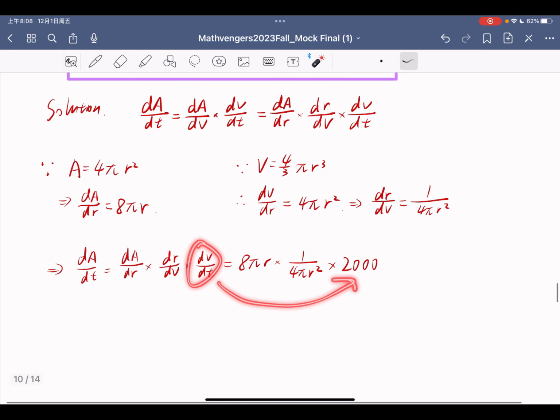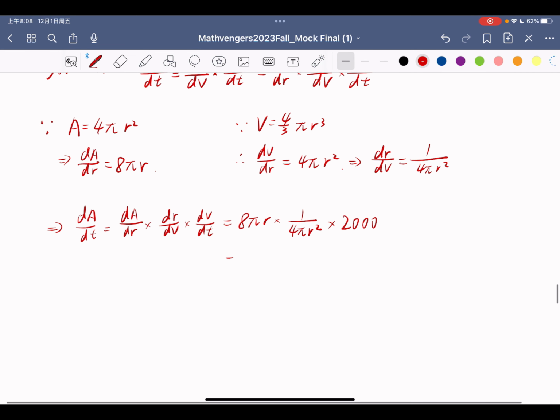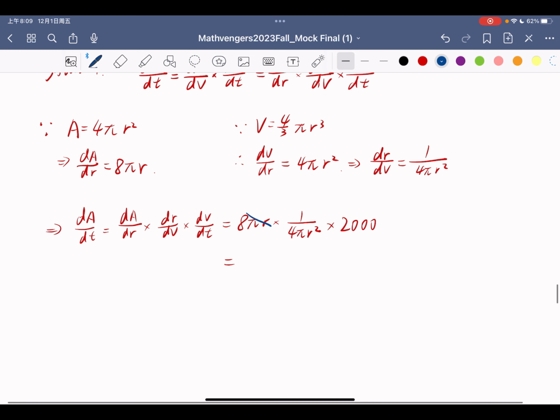We can cancel pi r out, and 8 becomes 2. After simplifying, dA over dt is 4000 over r.